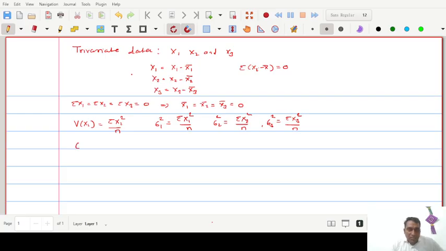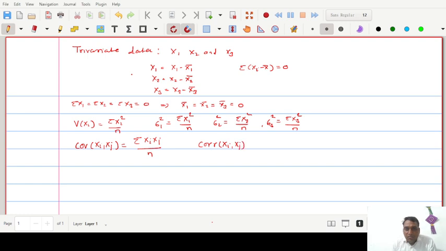To get the covariance term, we know covariance of xi comma xj has the formula summation over xi xj upon n minus xi bar xj bar. These two terms are 0. So we'll get the correlation between xi and xj.